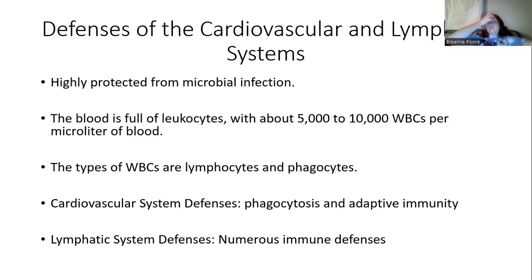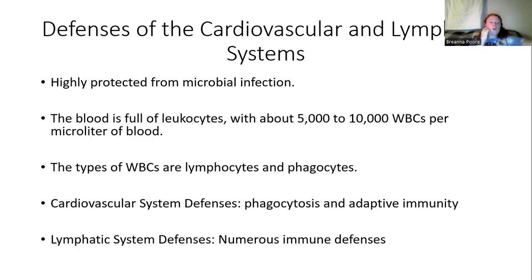Defenses of the cardiovascular and lymphatic system: first, it's highly protected from microbial infection, and the blood is full of leukocytes, with about 5 to 10,000 white blood cells per microliter of blood. The types of white blood cells are lymphocytes and phagocytes.